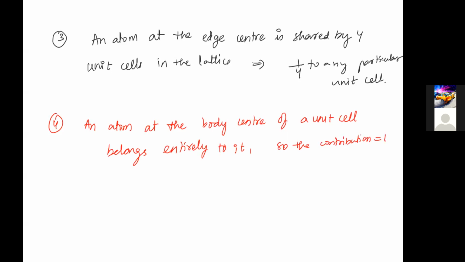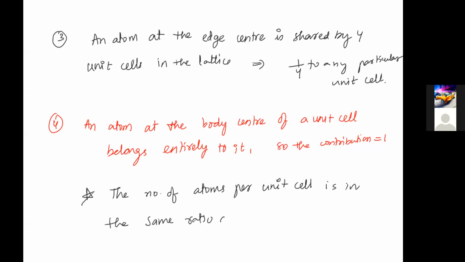Okay. And a very important point that you have to write down here is that the number of atoms per unit cell is in the same ratio as the stoichiometry of the compound.